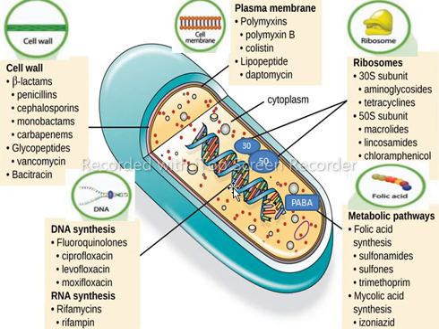Then we have another class of antibiotics that inhibit protein synthesis, because protein synthesis is carried out by the ribosome, which translates messenger RNA into protein. Bacteria need protein for their survival.